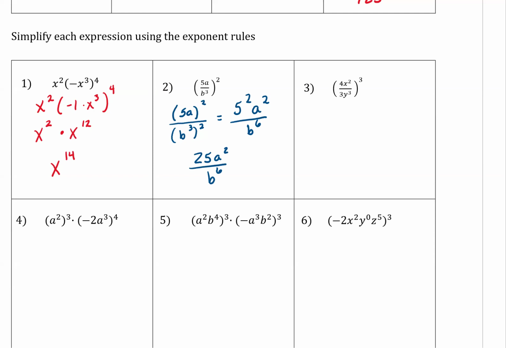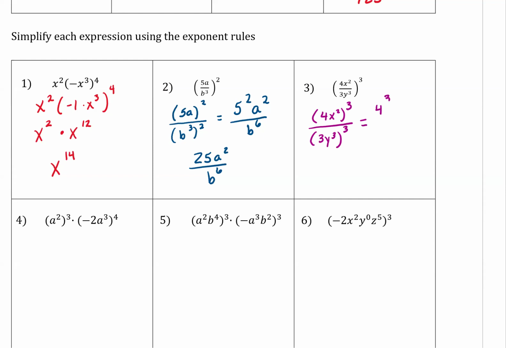Number 3, we have a quotient, we have a power. We're going to take 4x squared cubed over 3y cubed raised to the 3rd power. Then we have to use several rules here. We have our product, 4x squared cubed.